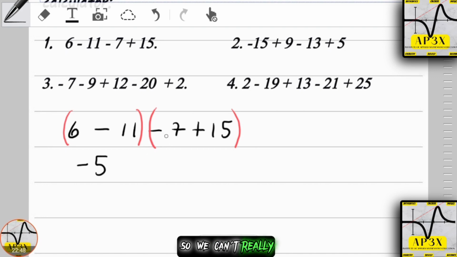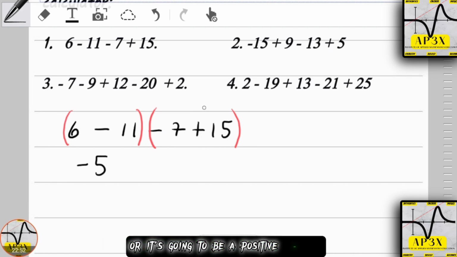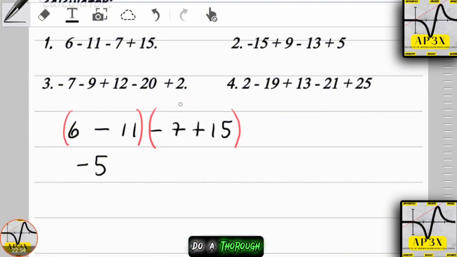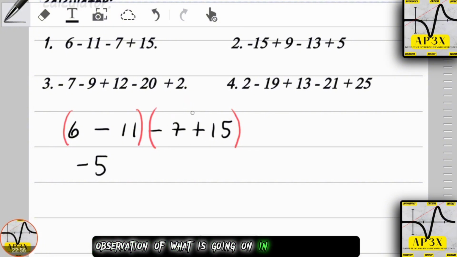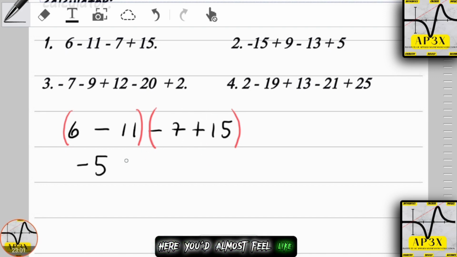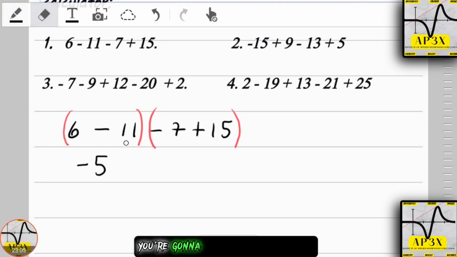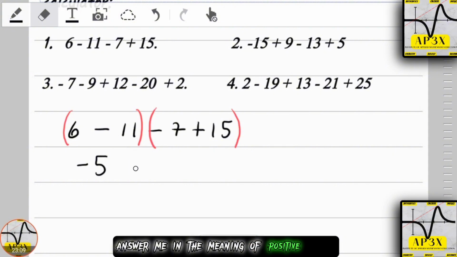We can't really state whether it's going to be a negative or a positive until we do a thorough observation of what is going on in this bracket. Here you would almost feel like you need to bring down the negative sign, but if you do that, you're going to find at times that the answer may end up being a positive result.